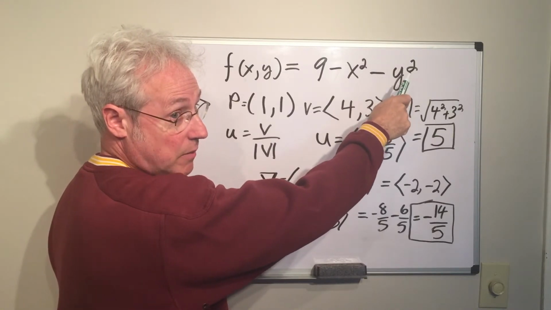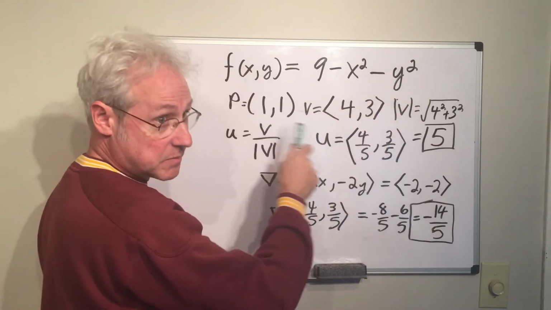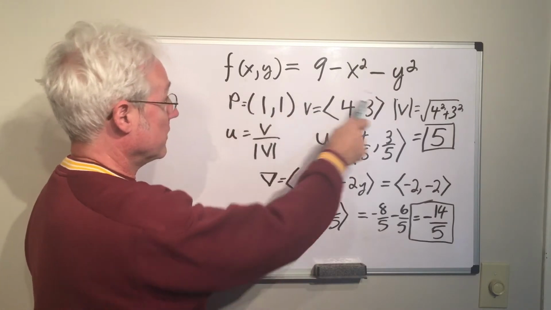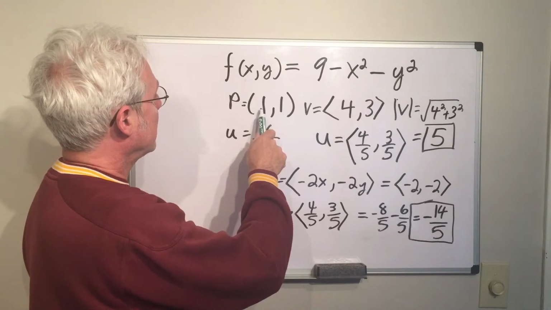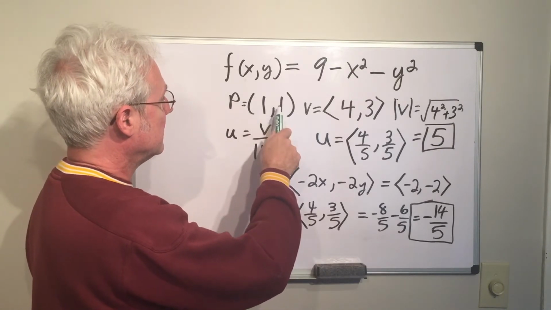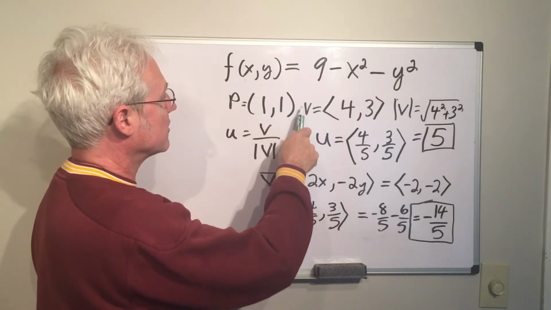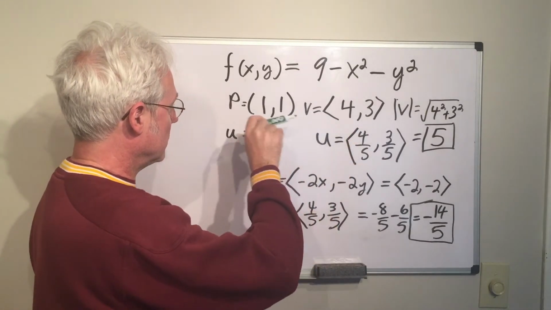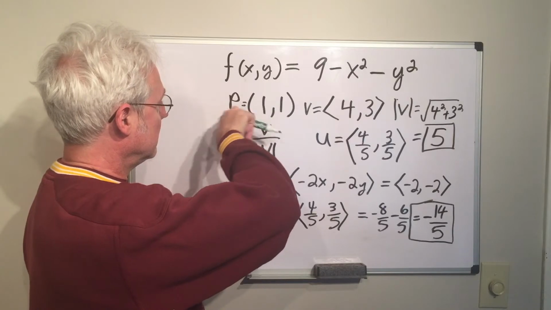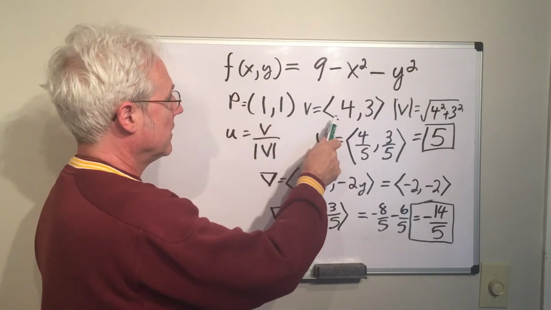You can back the video up if you don't, but I'll explain what we're doing. We will take a point on our function, 1, 1 for simplicity. We will take a directional vector 4, 3, and that is the direction that we will point at that point 1, 1.